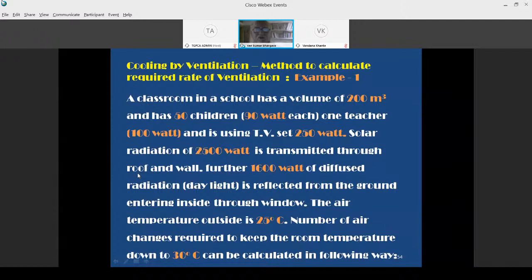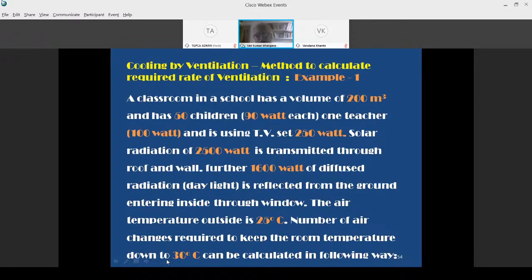There are standards: a kitchen must have so many air changes, a room should have so many air changes, an office should have so many air changes, and in industry where a lot of heat is present, and toilets, should have so many air changes per hour. These standards are there. So the room volume, in our case 200, multiplied by air changes gives you the cubic meters of air required per hour.